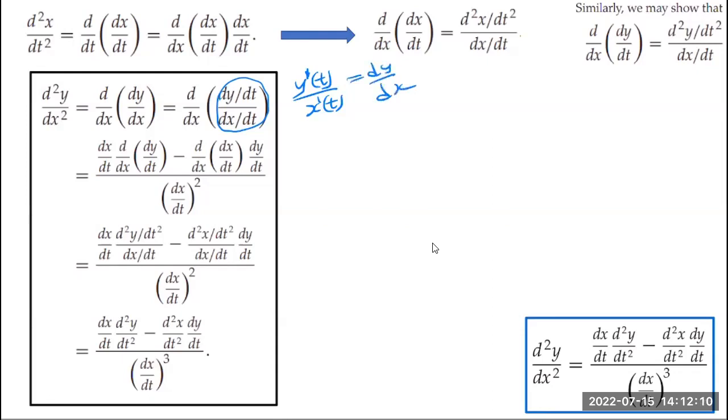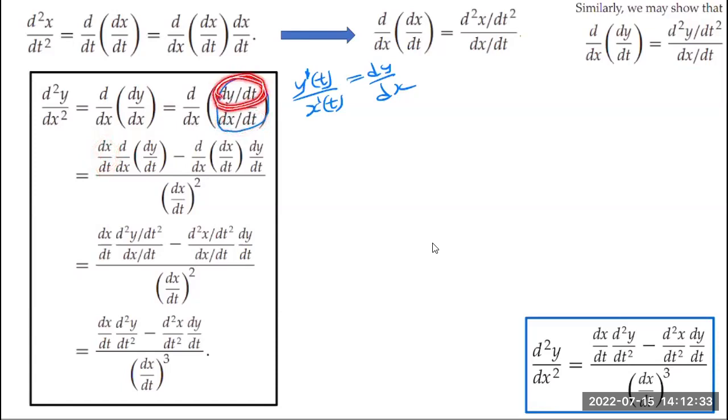Now I'm going to differentiate this using the quotient rule. This is your denominator, this is the numerator. If you apply the quotient rule, the square of the denominator should go to the bottom. So I have the square of the denominator here, leave dx over dt fixed, and take the derivative of the top guy.